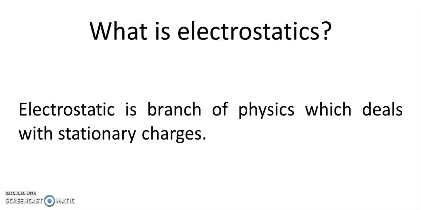Electrostatics is a branch of physics that studies electrical charges which are at rest. When there is no movement, the charge is said to be in rest position. The study of this type of stationary charges and their properties is called electrostatics.